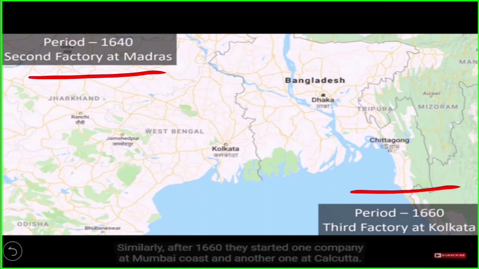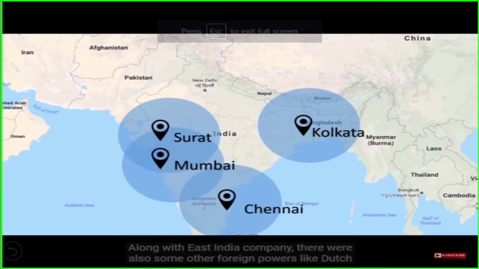So slowly the East India Company started setting up their factories, and they set up 3 factories. And along with the East India Company, there were some other foreign powers also, children. These were the places: Surat, Mumbai, Chennai, Kolkata, where the East India Company established their factories.